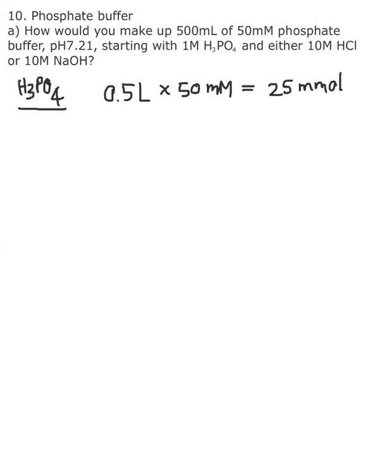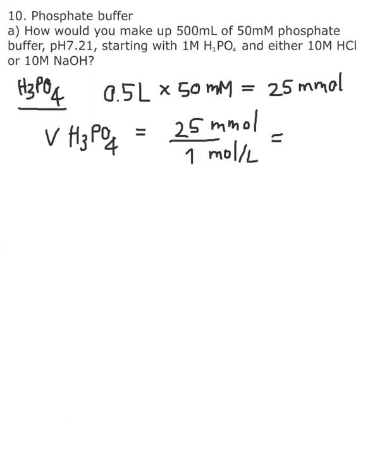To calculate the volume of H3PO4, I know you have done this many times, you use the moles and divide by the concentration, and you get 25 milliliters.